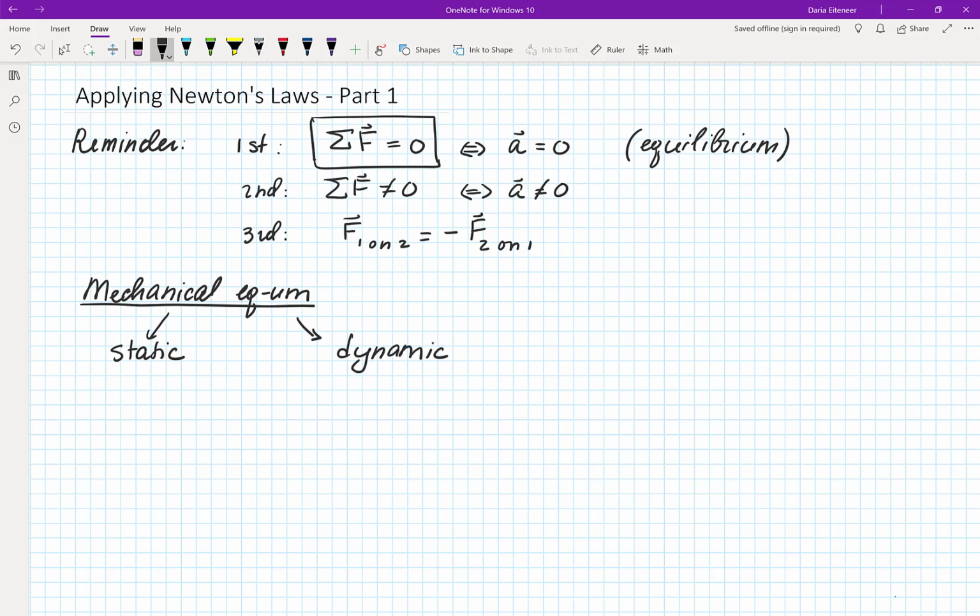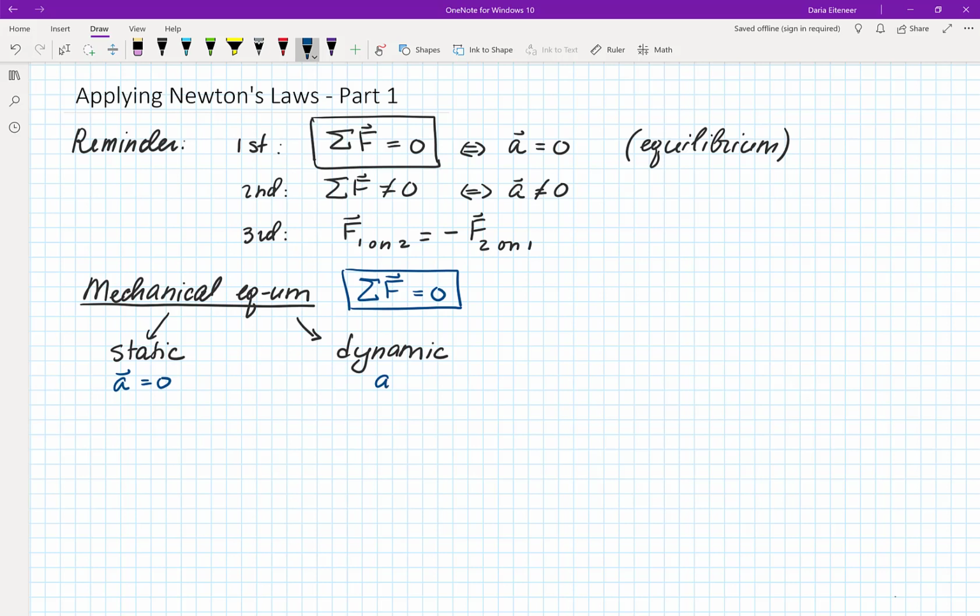In general, mechanical equilibrium is expressed with this equation that I already wrote, but I'll write it one more time: sum of all forces is equal to zero. Notice how it's a vector equation, right? That's for either static or dynamic. And we just said that if sum of all forces is equal to zero, that means that acceleration is equal to zero. So that's true for both.